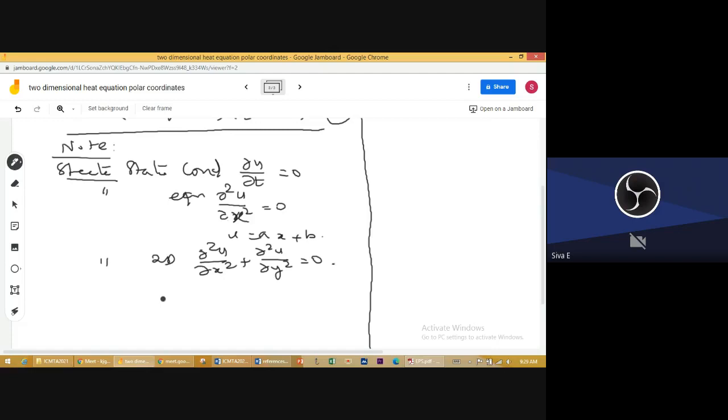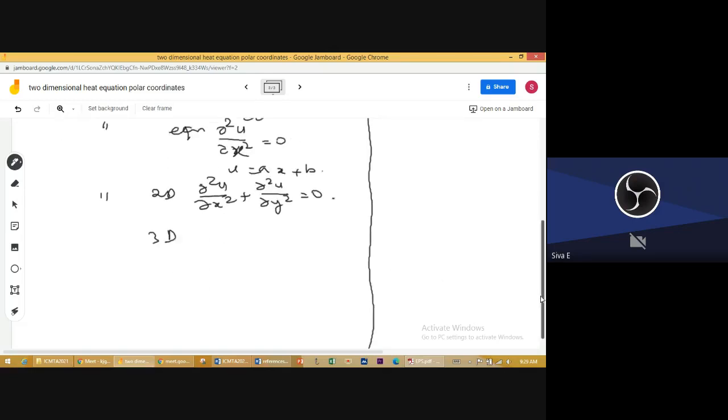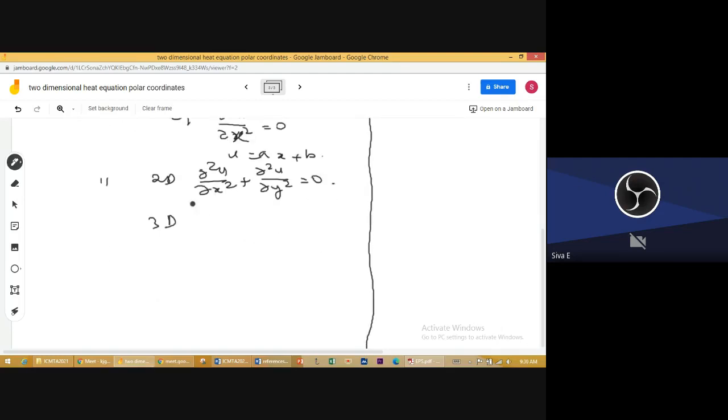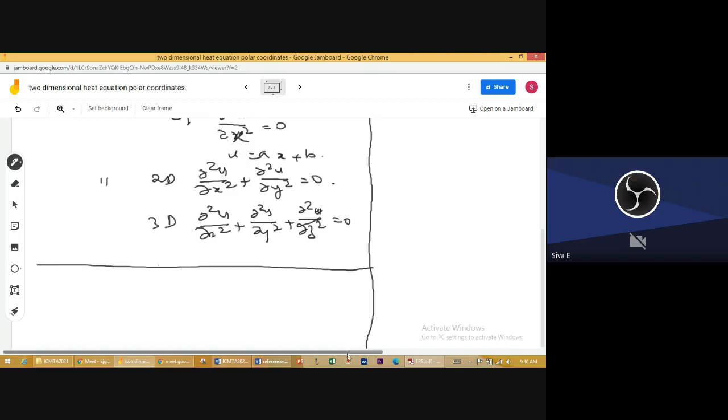Even for 3 dimensions, we have to extend one more term: dou square u by dou x square, plus dou square u by dou y square, plus dou square u by dou z square equal to 0. So these are the possible MCQs.